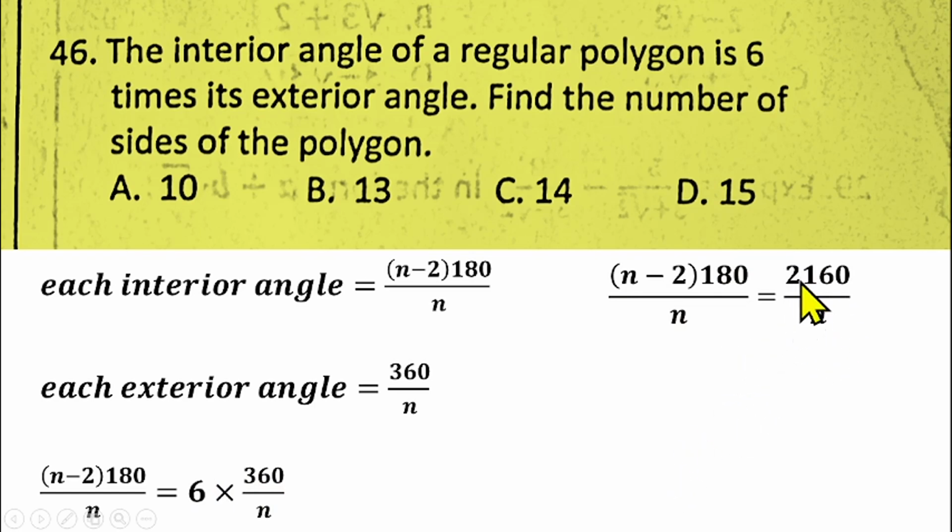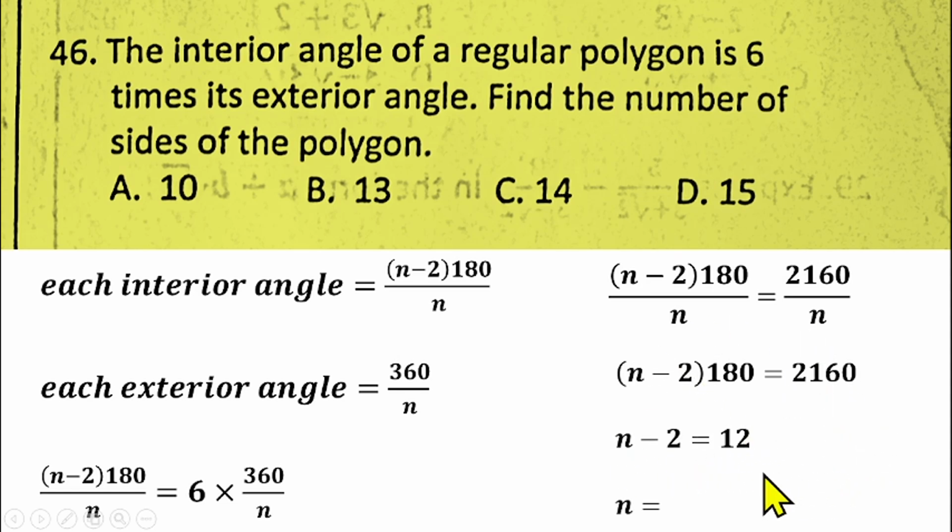Cross multiplying, n cancels on both sides, so you'll have (n minus 2) times 180 equals 2160. Dividing both sides by 180, you'll have n minus 2 equals 12. So 2 comes over, and n equals 14. That means the polygon has 14 sides.